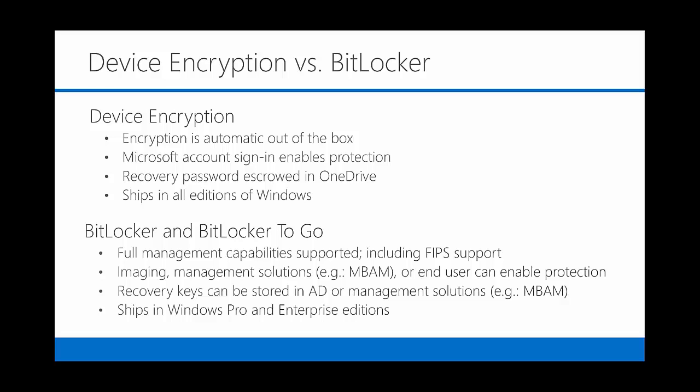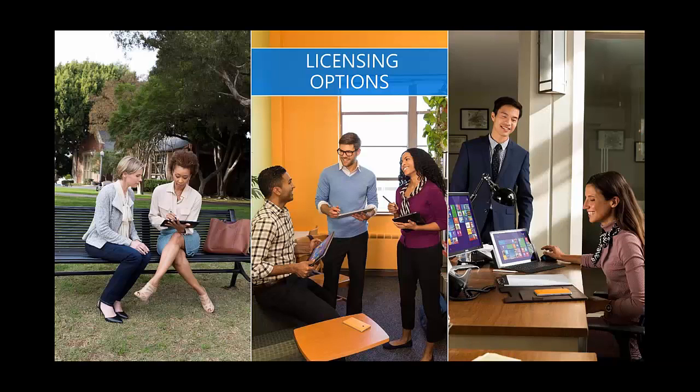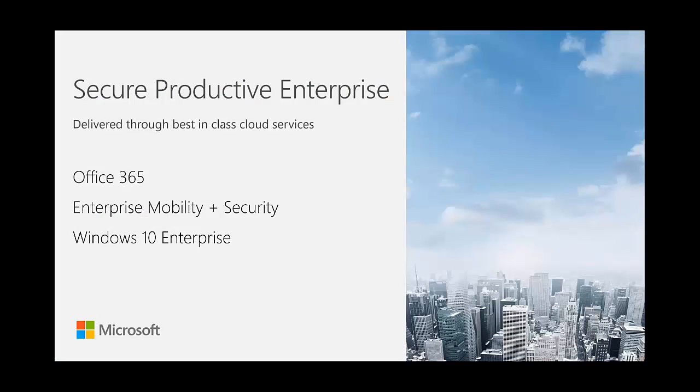Okay, I'm now going to go over the licensing options, which includes going over the editions that are available. I'm going to highlight more of the enterprise editions of Windows 10, but I'm first going to cover the options with you. Again, there's Office 365, which is basically the productivity cloud, your core applications and all those services that support those applications.